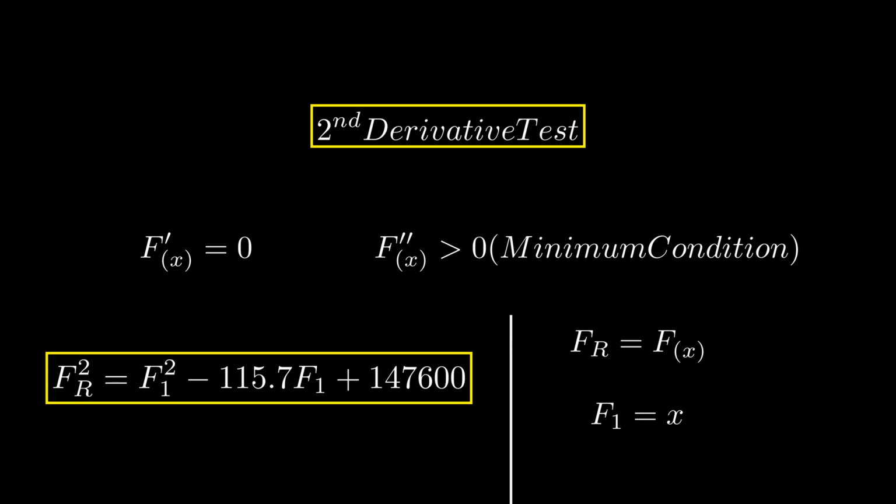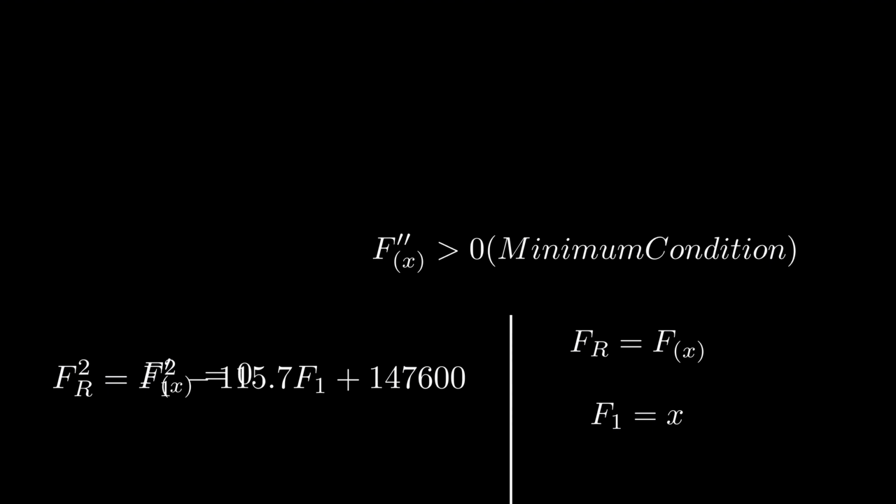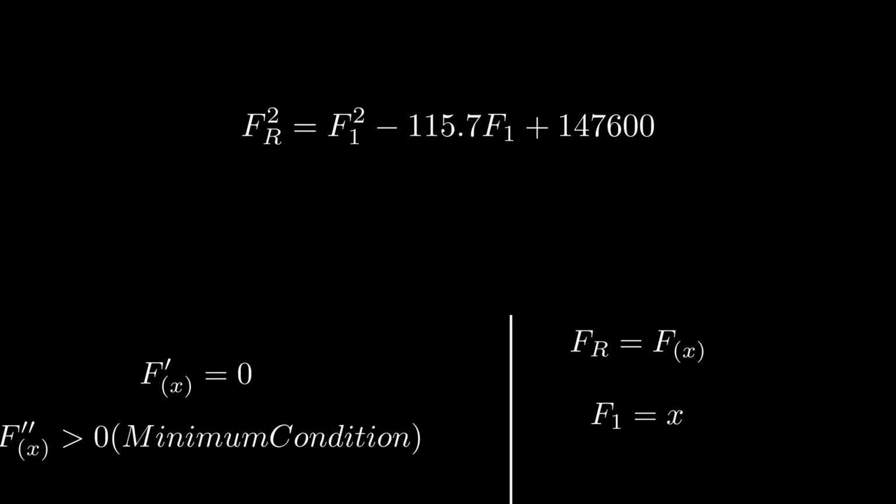For the minimum condition, we take the derivative of our function and equate it to 0, and the second derivative of the function comes out positive. So we can say this is for the minimum value. Let's consider the function as FR and x as F1.